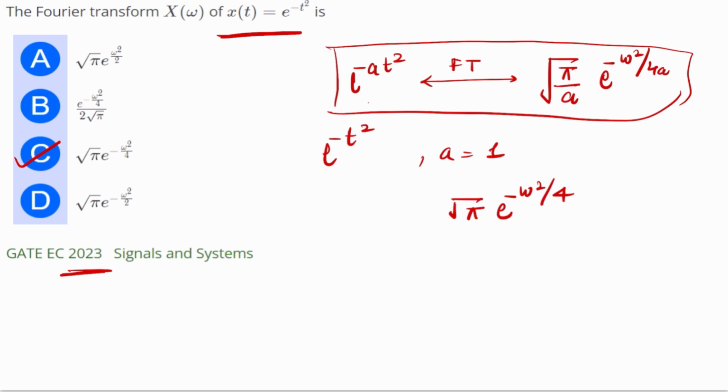They can ask you direct things, so you have to remember this. It is all about the basic transforms and the properties which you remember. That's all you have to remember in transforms, be it Laplace transform, Fourier series, Fourier transform, Z transform, any type of transforms.